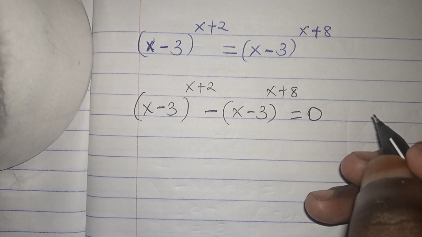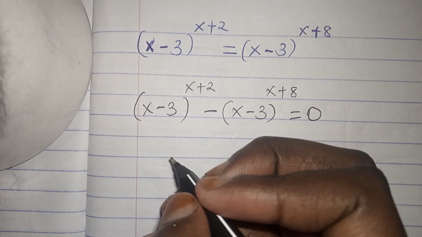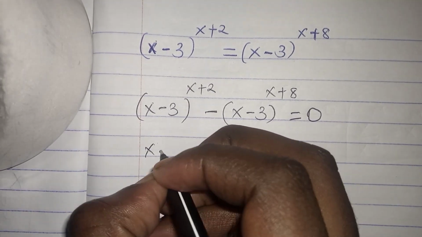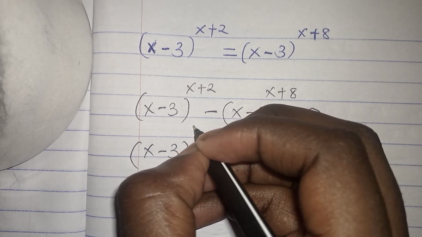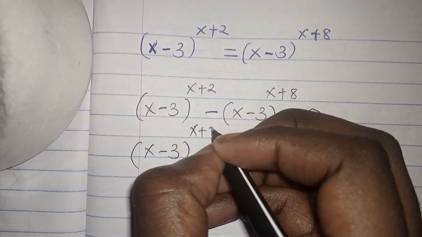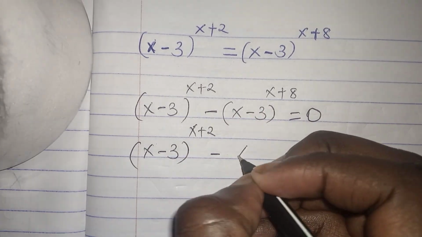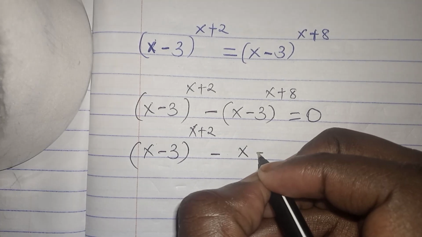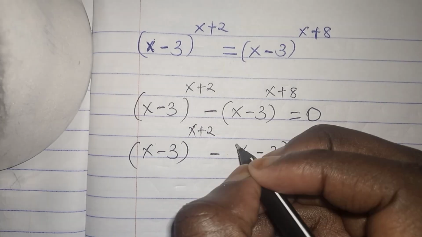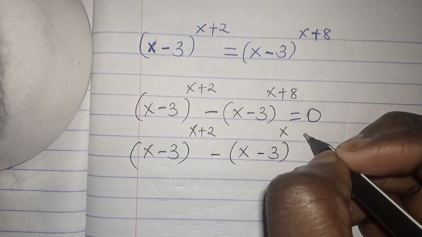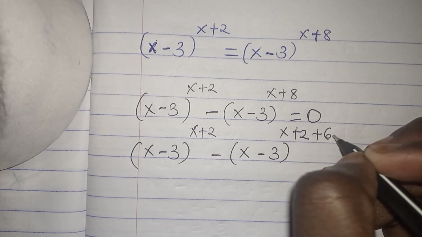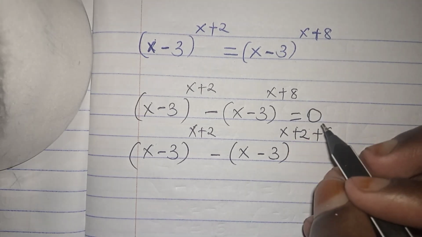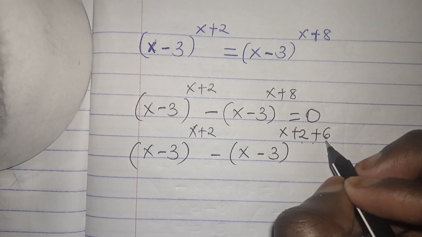Our next step now, I'll take (x - 3)^(x + 2) - (x - 3)^(x + 2 + 6) = 0. So this 8, I've brought it down to 2 plus 6.